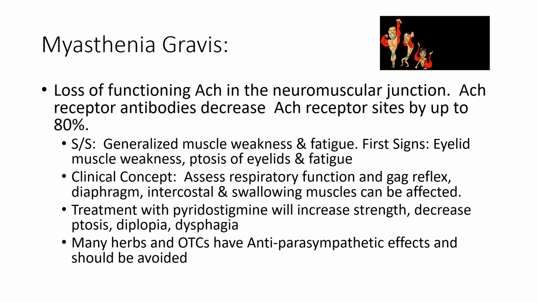Walking can be an issue. Holding something with your hand can be an issue. It can be weak. Lifting your arm can be an issue. Now this can progress, and you can run into the biggest issue of all, which is difficulty ventilating and breathing, because the neuromuscular junction at the muscles for ventilation, your intercostal muscles and your diaphragm, are weakened or not working properly because of lack of acetylcholine receptors.